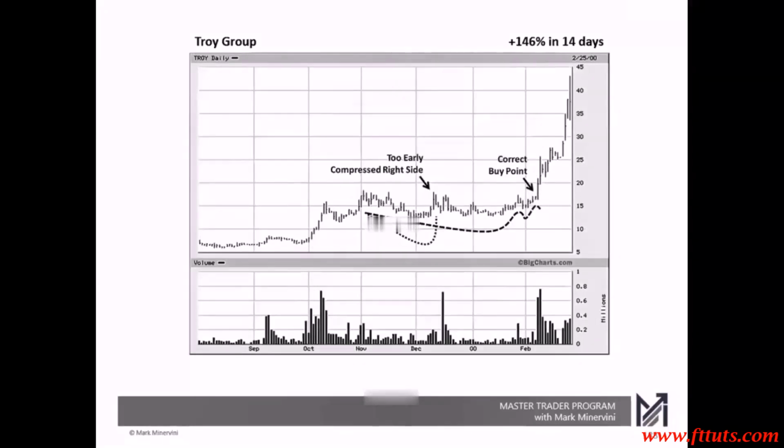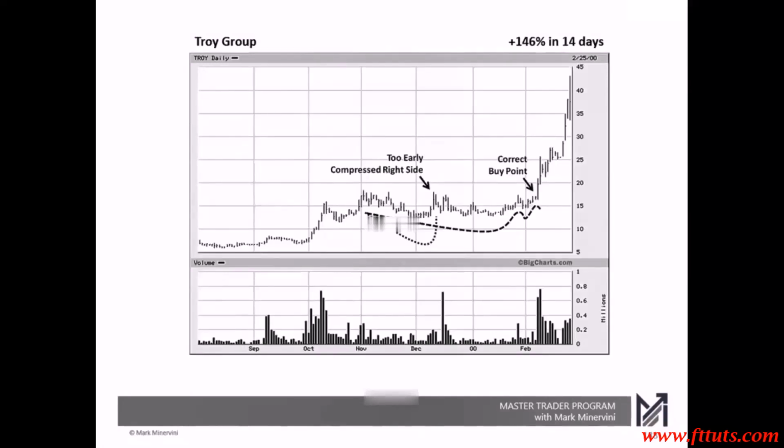Go ahead, Dave. One thing I'd like to point out too is where you say too early compressed right side, the stock might have some of the characteristics, and maybe it had the earnings, but the pattern hadn't set up yet. Sometimes it's such a shame: maybe you bought it, took a loss on it, and said, I don't want to pay any more attention to this.